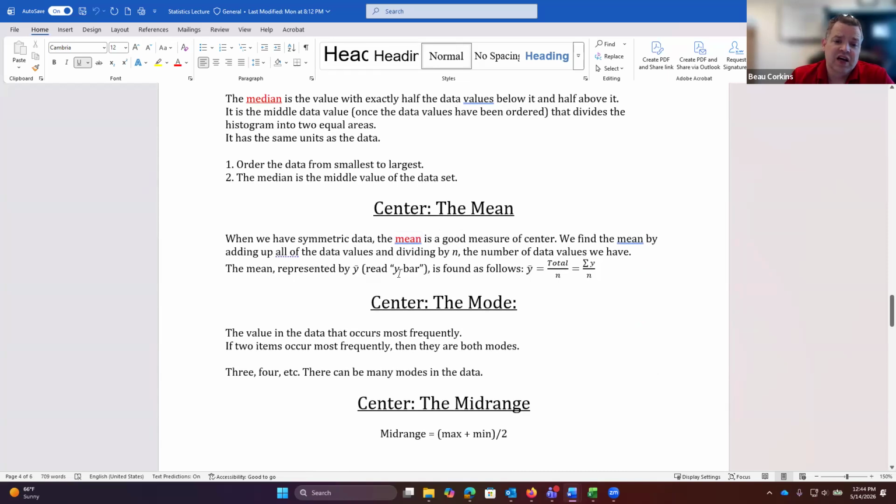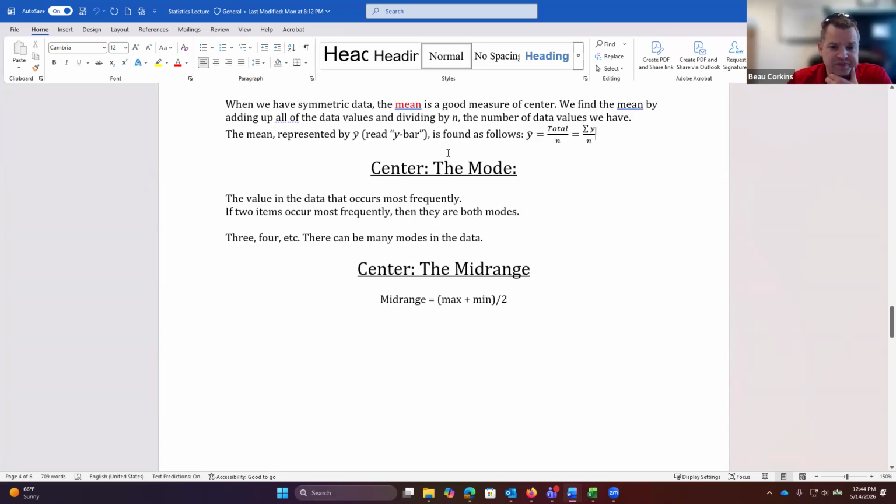The mean, notationally represented as y bar or x bar, is the sum of all the values, and this symbol right here is capital sigma, which means sum, divided by the total number of data values. The mode is the most frequently occurring number. Usually you can see this in small data sets.